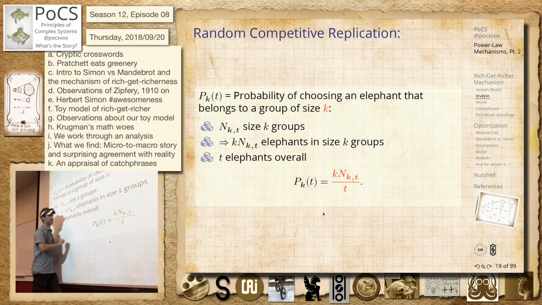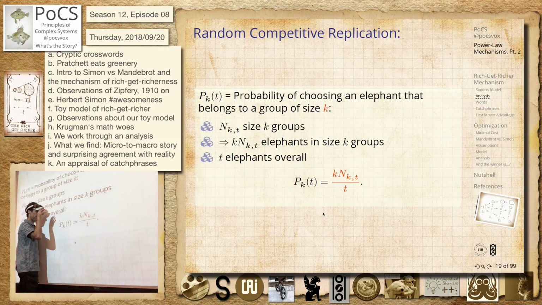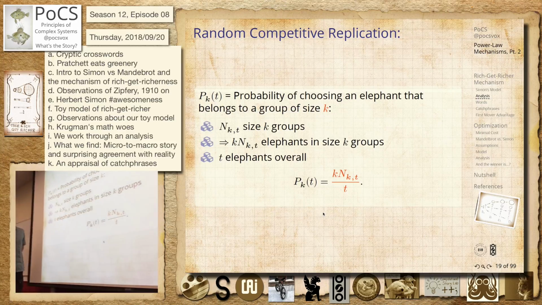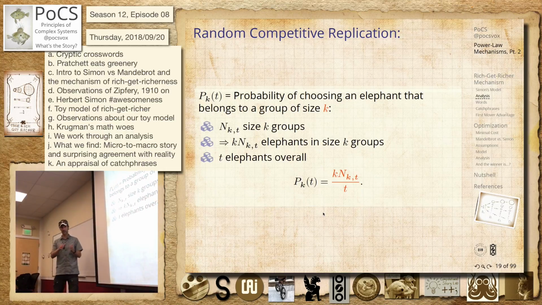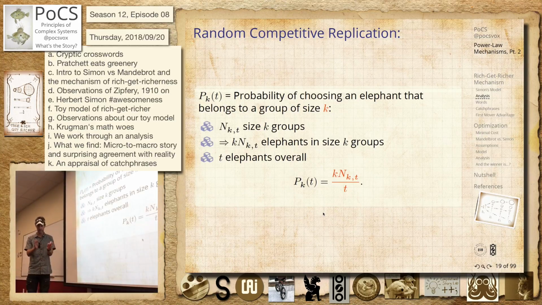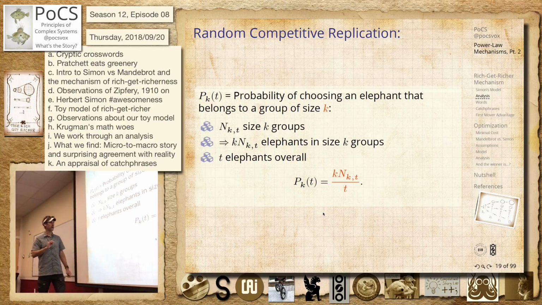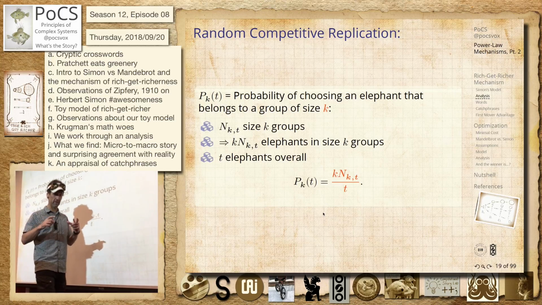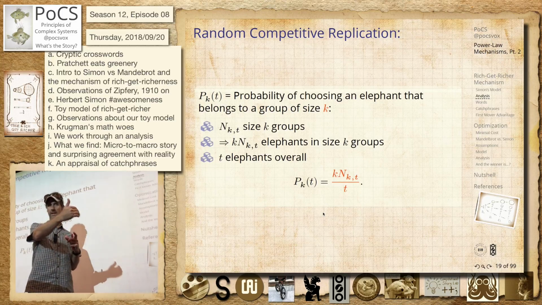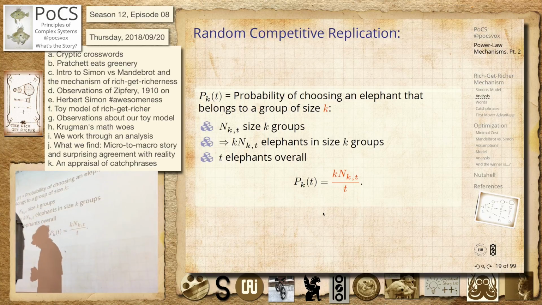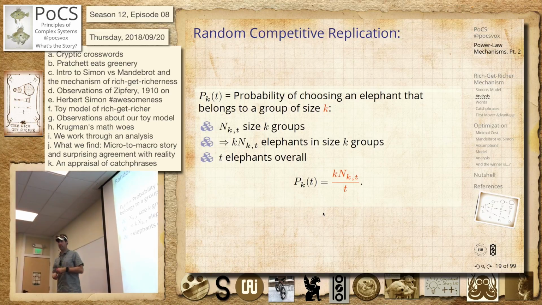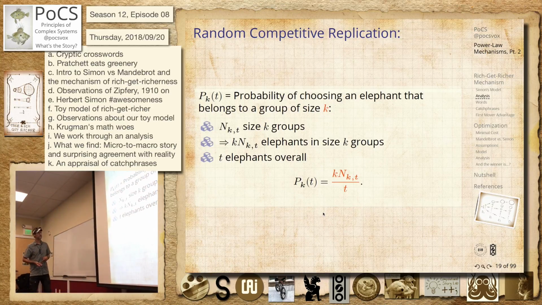So this is our probability at each time step of choosing an elephant that's in a group of size k. We don't care about colors. We take all the groups of size 7, and one of them gets replicated. Now one of those groups went to a group of size 8, and that's the accounting we need to make. We lose a group of size 7 and gain a group of size 8.